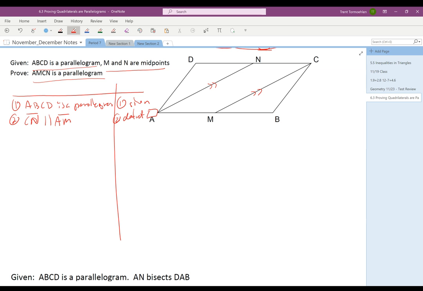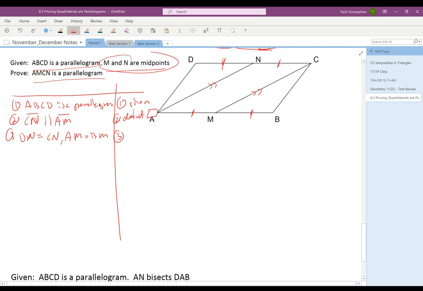But what I don't have is anything about AM and NC except for the fact that we have these midpoints. And so that tells us that DN equals NC and AM equals MB, by definition of midpoint. We know those lengths are the same: this is equal to this, and this is equal to this.